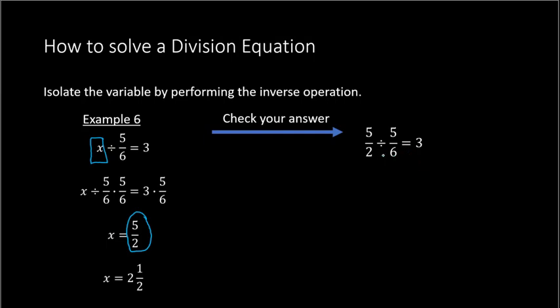And dividing is the same thing as multiplying by the reciprocal, which would be multiplying by 6/5. 5 on the top divides with 5 on the bottom. 6 on the top and 2 on the bottom, you can divide both by 2 to get 3 and 1. So you're left with 3/1, which would equal 3. So that does work out, which means our correct answer is 5/2, or 2.5, same thing.